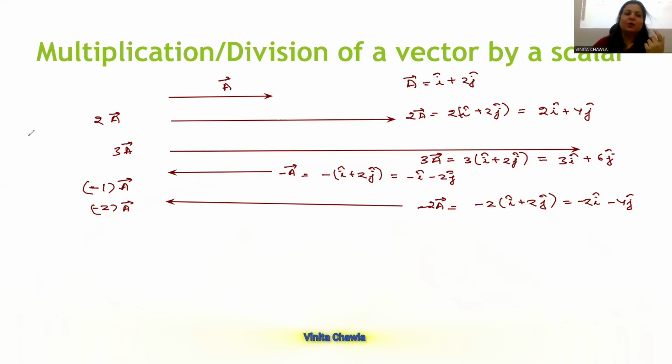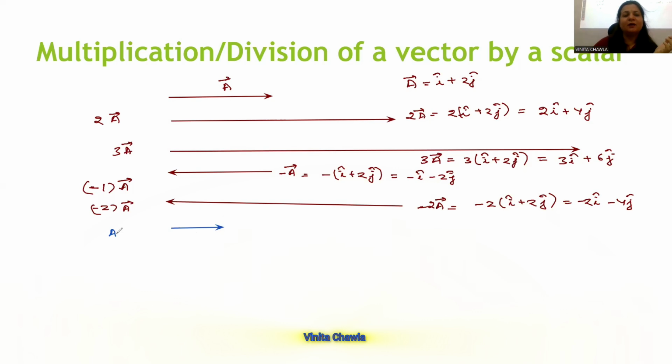Okay. What if I divide this vector by 2? Then the length of the arrow will decrease.